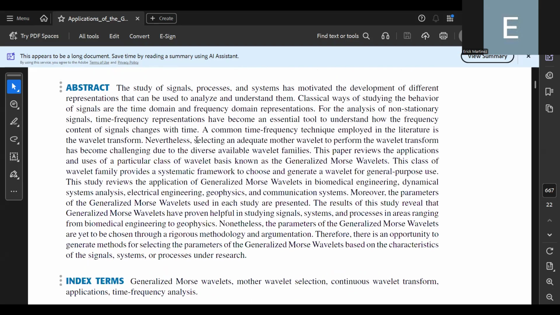Before getting into the technical aspects of the paper, I wanted to make a summary of the abstract that is shown here. Basically, the idea of making this paper was that I wanted to show people that setting the parameters of a wavelet transform is an aspect that is not typically addressed in the literature.